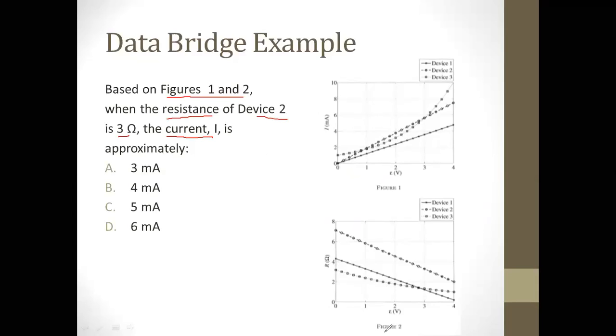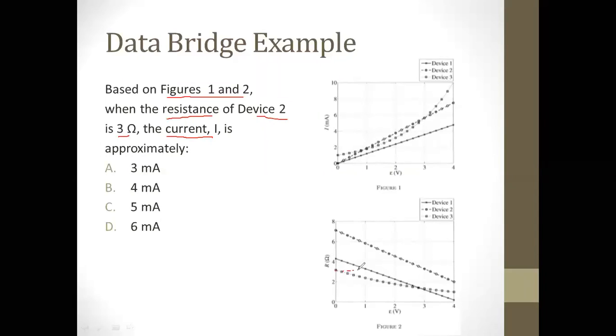And they gave us the resistance of device 2. So according to the key, that's this graph here. And so we go to 3, a resistance of 3. Be careful to look at the y-axis since resistance is on the y-axis. So 3 is approximately here.